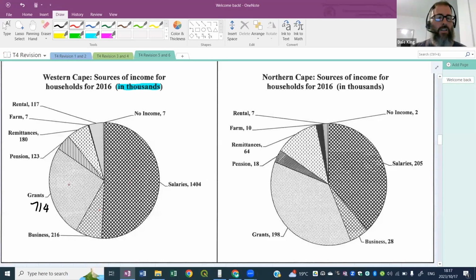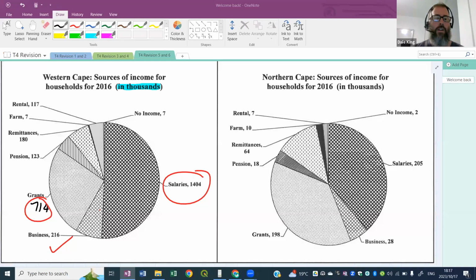The second biggest piece of the pie must be the grants. So the third biggest piece of the pie must be the business income. So salaries is first, then grants is second, and they wanted the third highest, which is business.